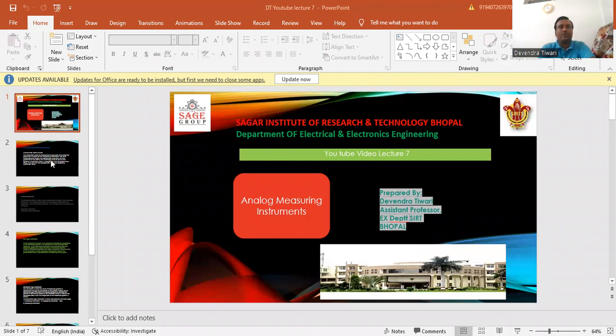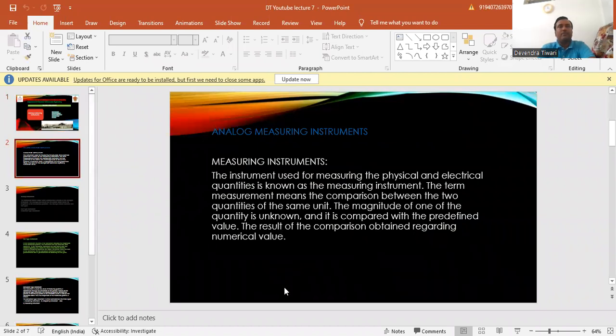What are analog measuring instruments? In measurement, in instrumentation, there are lots of instruments which are to be studied. We are having our topic analog measuring instruments. So first we will see what are measuring instruments. The instruments used for measuring the physical and electrical quantities are known as measuring instruments.